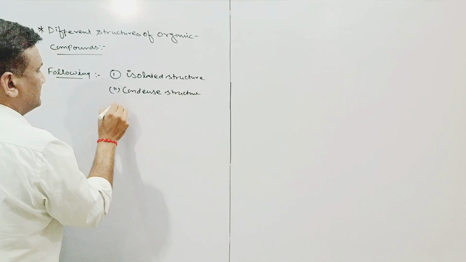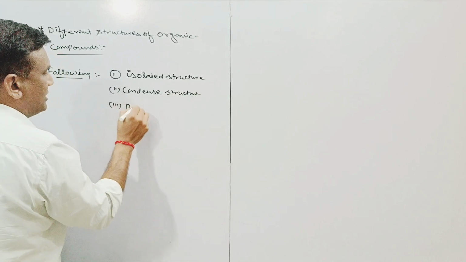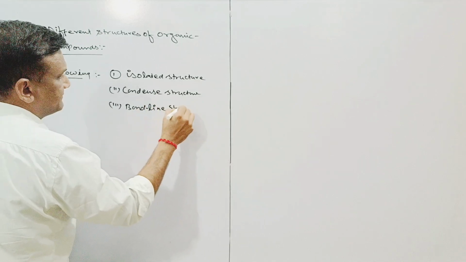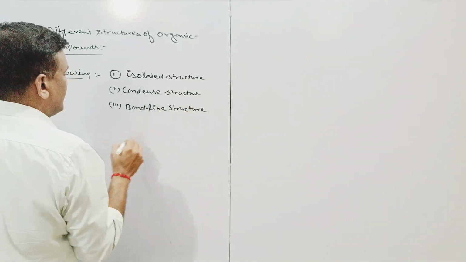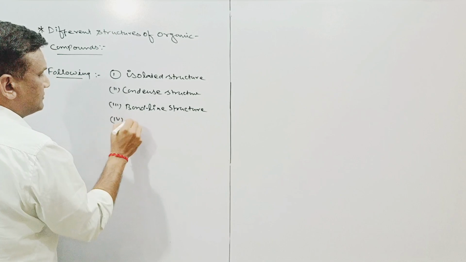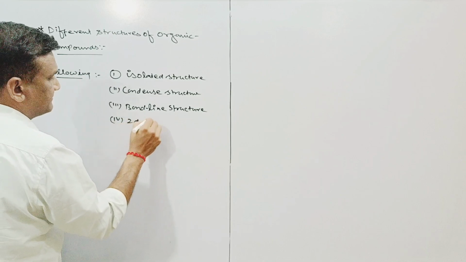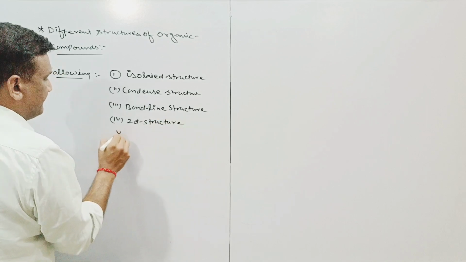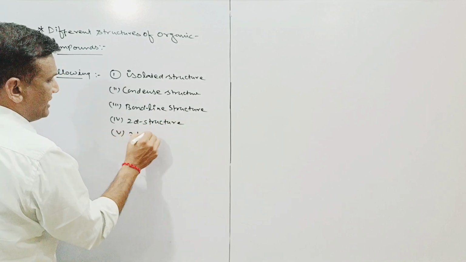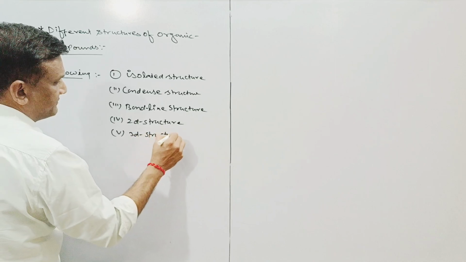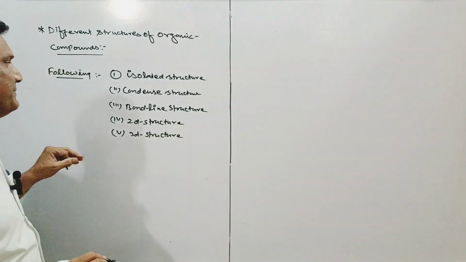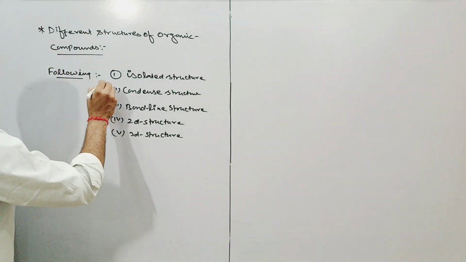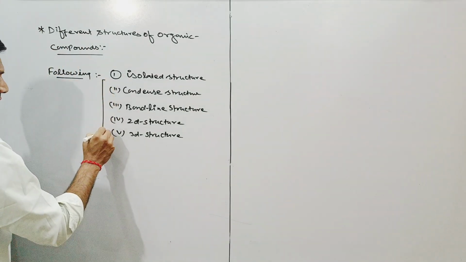Third is bond line structure. Number 4 is two-dimensional structure, and number 5 is three-dimensional structure. We'll take a lot of practice regarding these. First of all, we'll go with these kinds of the formulae.